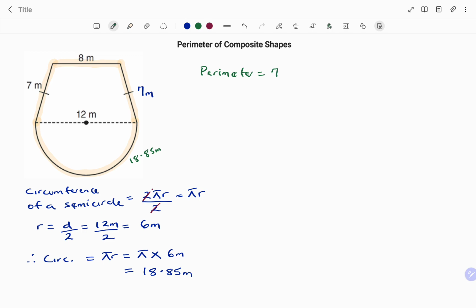So we have 7 plus 8 plus 7 plus 18.85, all in meters. Therefore, the perimeter P equals 40.85 meters.